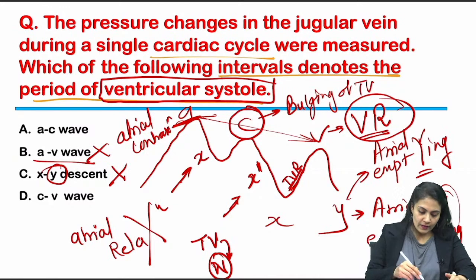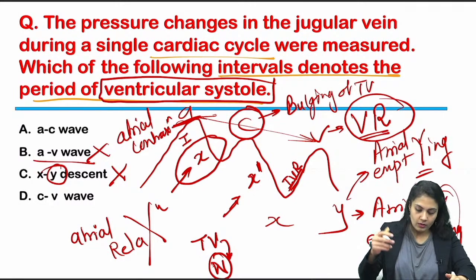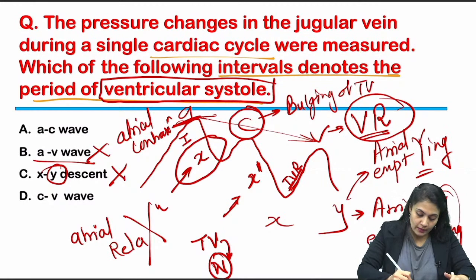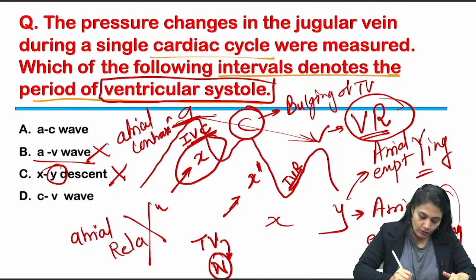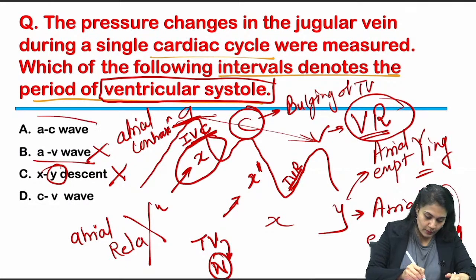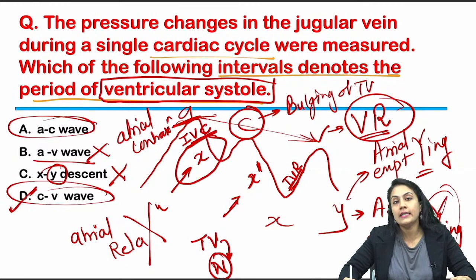So ventricular systole, over here, the systole is taking place, but remember the contraction is isovolumetric, right? So this is not the proper systole. So if I have to choose between A and D, I'm going to go with option D. Why?